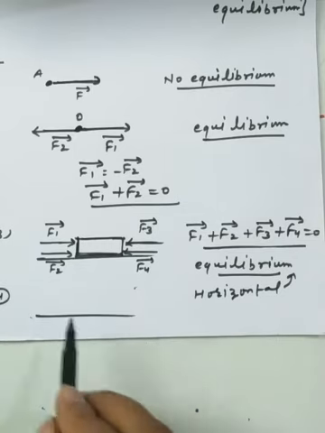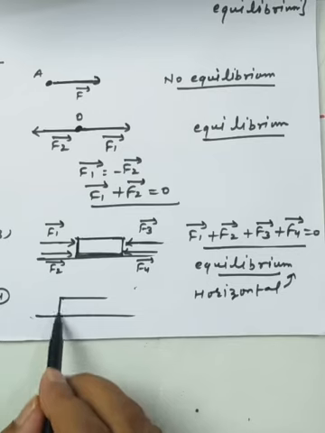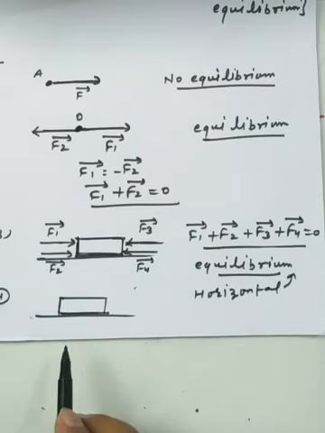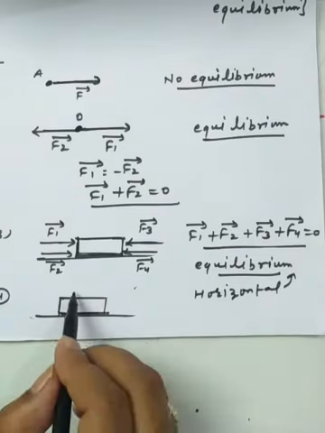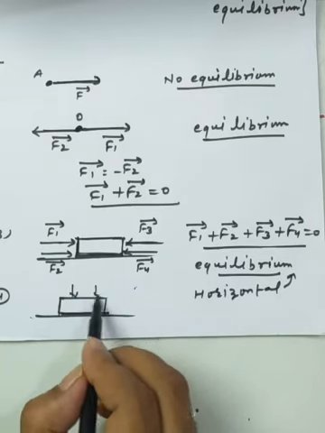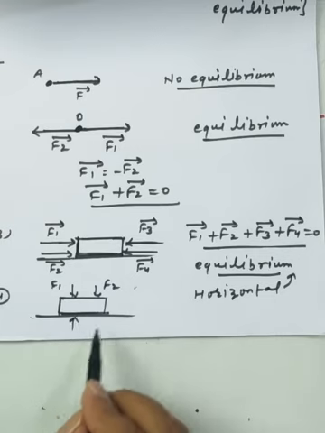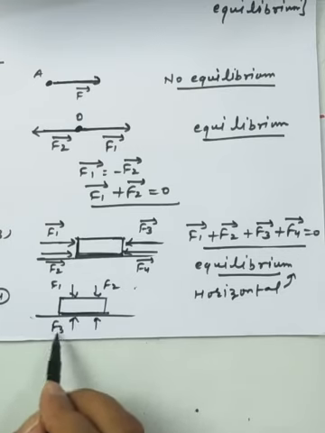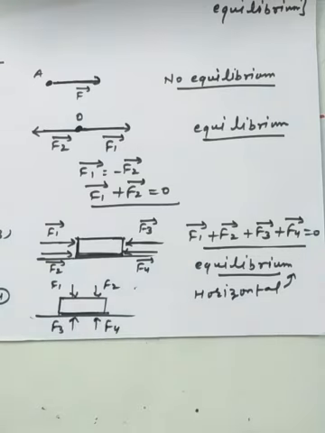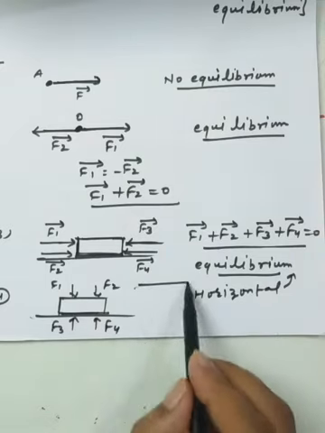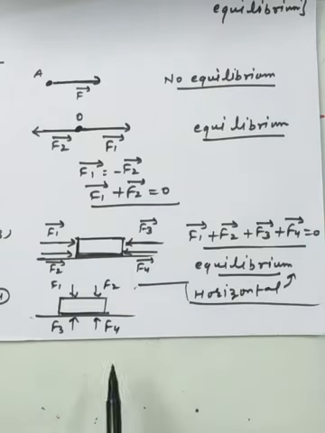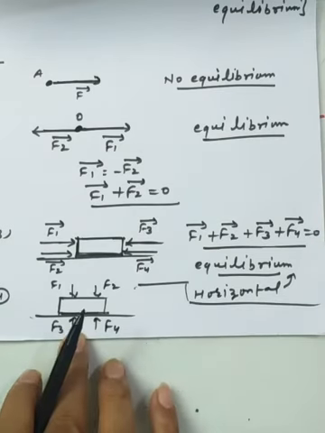We are taking an object lying on a surface, and we are assuming that forces are acting vertically downward and upward. This one is F1, this is called F2, and the upward forces are called F3 and F4. So we can say that the object will be in equilibrium, vertical equilibrium, as it is not moving in the upward or downward direction.